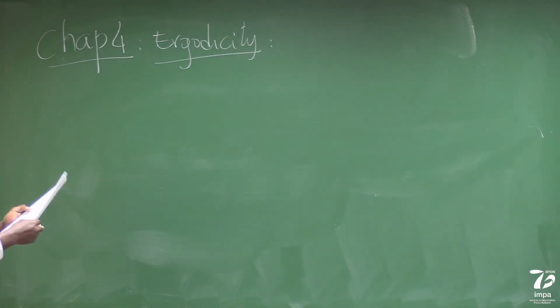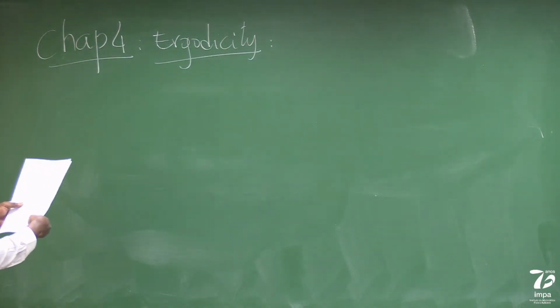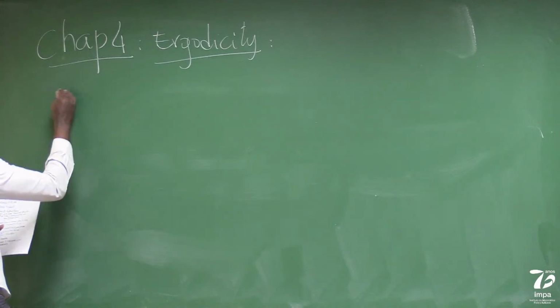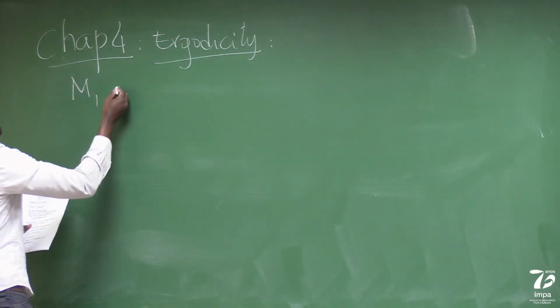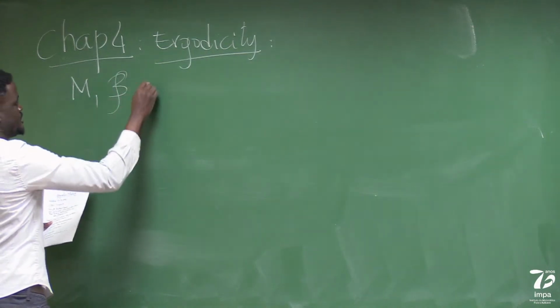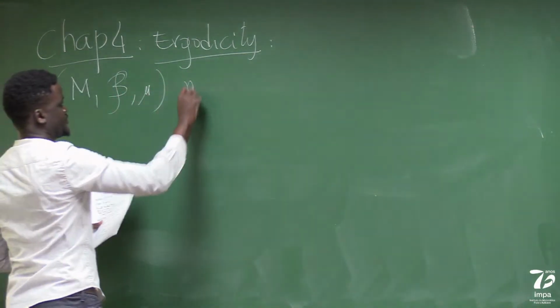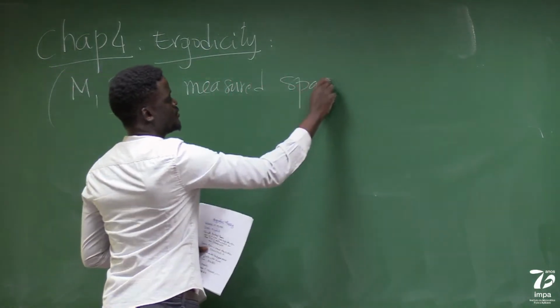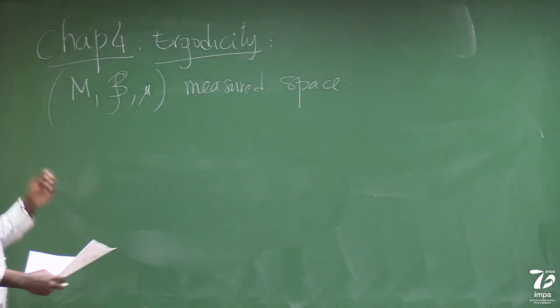I have it here, and I will use some notations from the previous chapter. So in this chapter, we suppose also that we have (M, B, mu). This is our measured space. Okay.